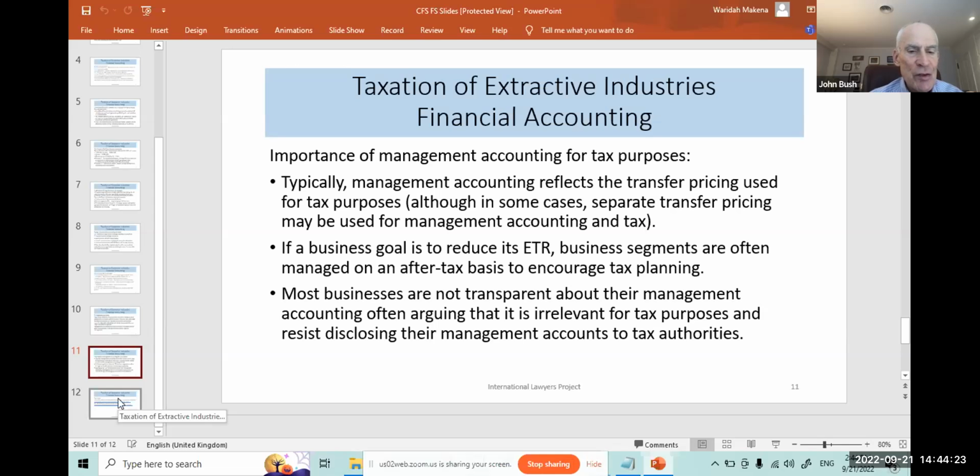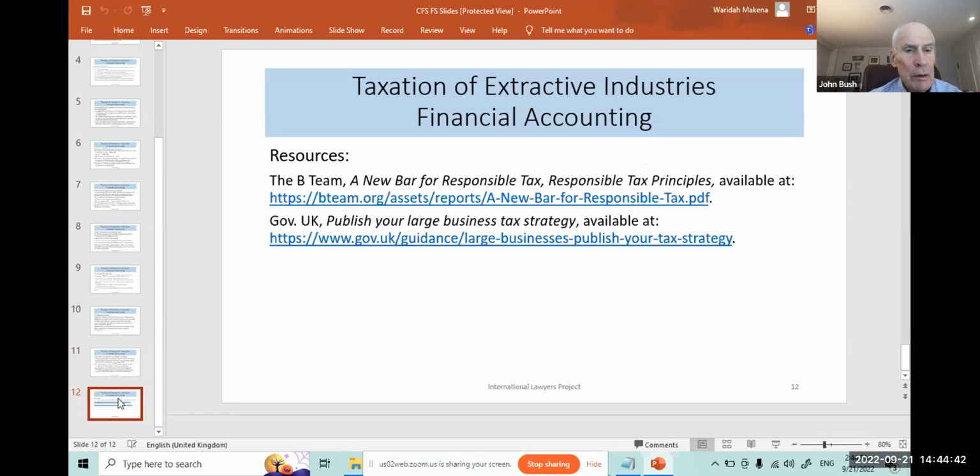So that in and of itself is kind of an interesting question. So management accounts, even though they're often overlooked, are a significant source of information to people, particularly to tax authorities or to outside advisors. I think the last slide is simply references.